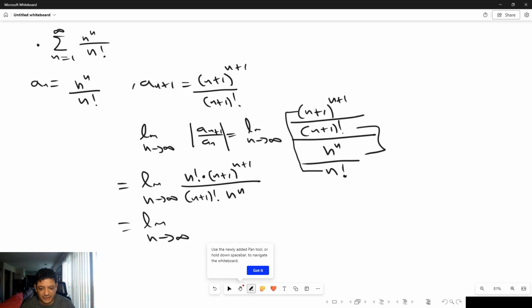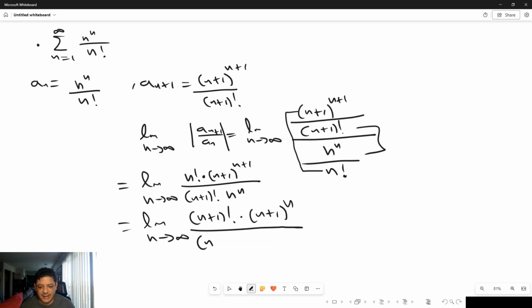So I can see the top as n plus 1 factorial times n plus 1 power to the n. And now that we have that, notice that we can very easily cancel out with the bottom n factorial.